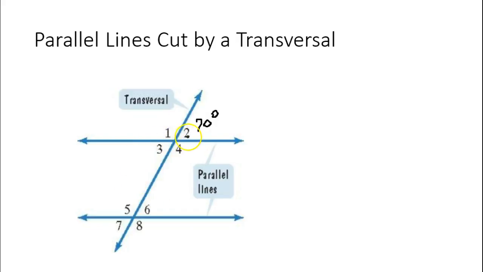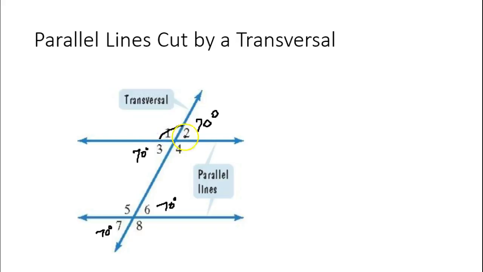Look at them. Angle 2, back to our vertical angle rule, angle 3 would also be 70 degrees. And then alternate interior angles are equal, so angle 6 would also be 70 degrees. Angle 6 is vertical to angle 7, so it would also be 70 degrees. Now look at angle 1 and angle 2, that's 70 degrees.